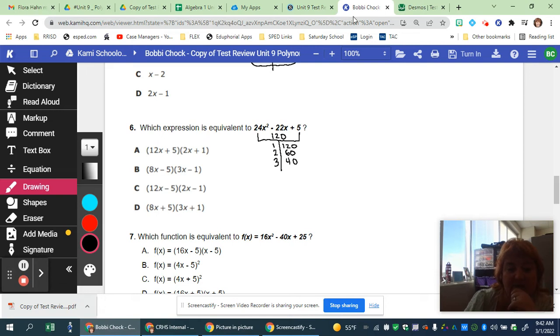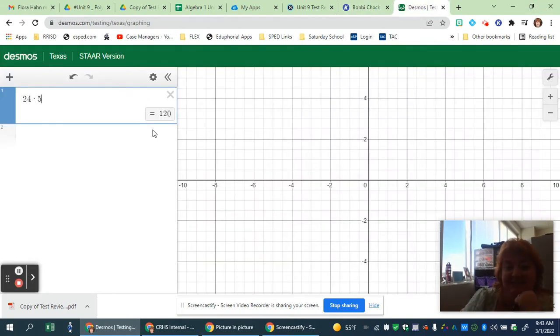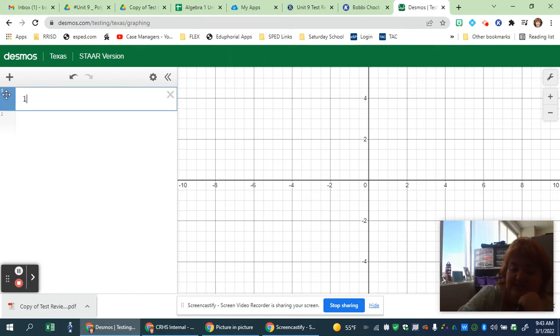Nope, that won't either. What about 4 and 30? Nope, but we're getting close, aren't we? What about 5 and what's 120 divided by 5? Oh, 24. No, that won't get me to 22, but we're definitely getting close. So let's try 6. 120 divided by 6, 20.